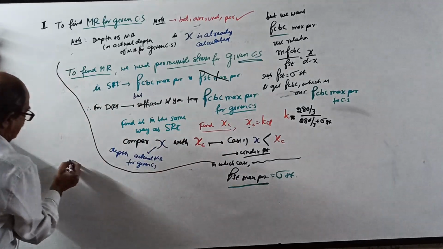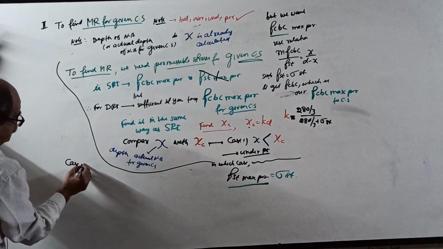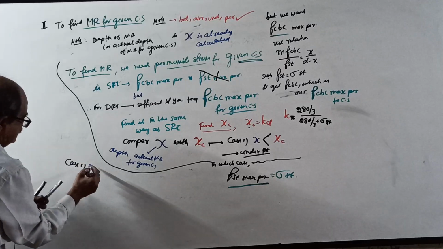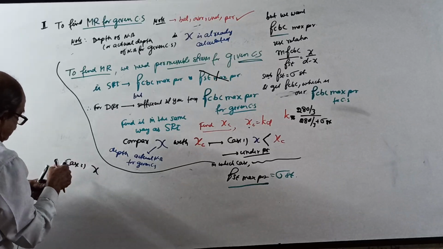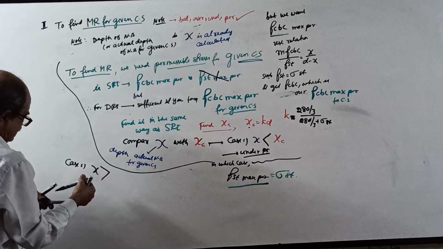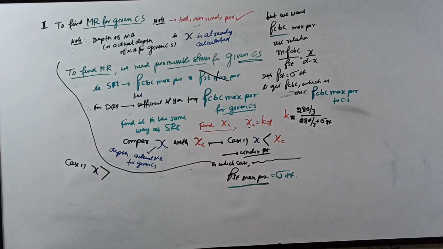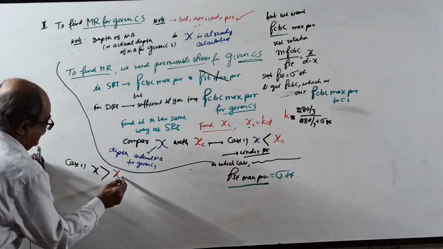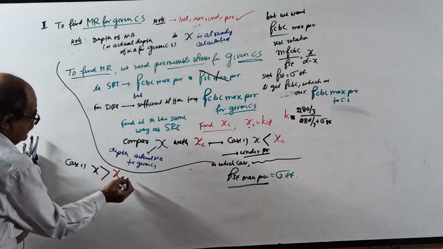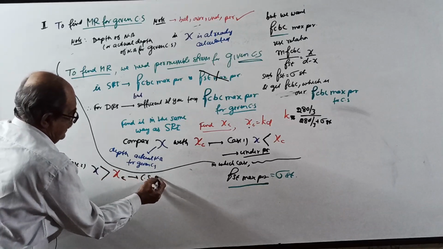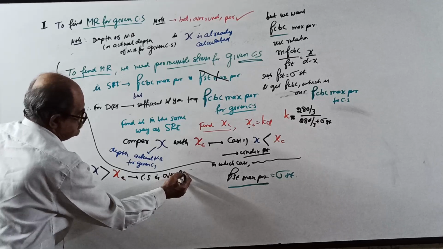Second is very easy. Case 2: your x comes more than XC. Then the cross section is over reinforced.